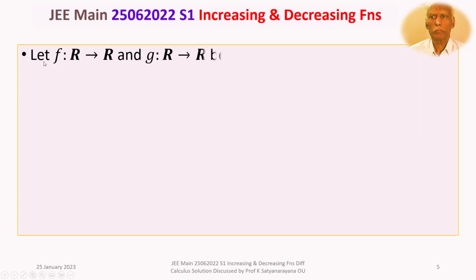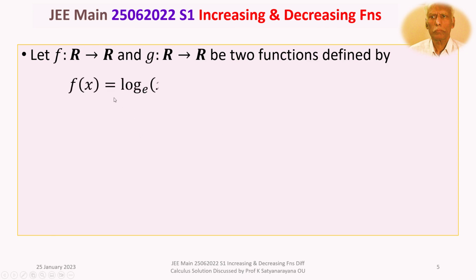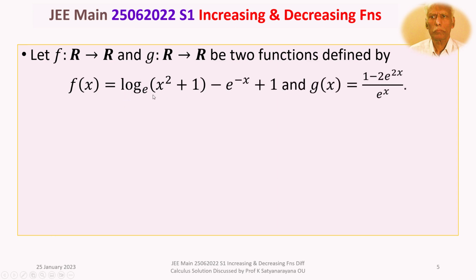The given question is: let f and g be functions from the set of real numbers into itself, defined by f of x is equal to log of x square plus 1 to the base e minus e power minus x plus 1, and g of x is equal to 1 minus 2 times e power 2x by e power x.